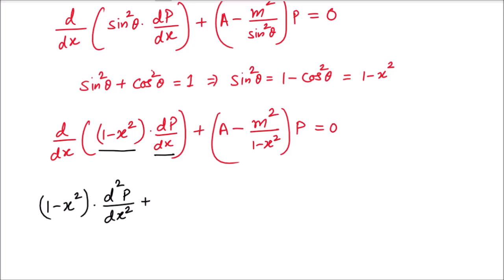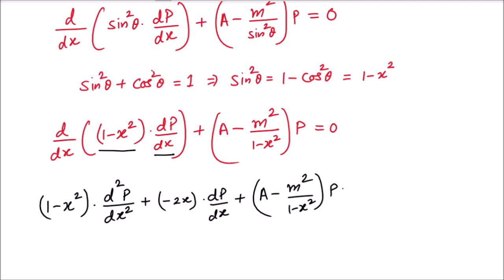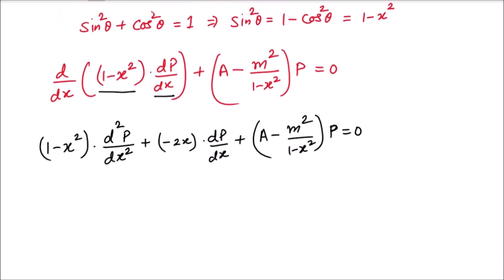So it becomes 1 minus x square into d square p by dx square, plus the differential of 1 minus x square, which is minus 2x, into dp by dx, plus a minus m square upon 1 minus x square into P equal to 0, right?